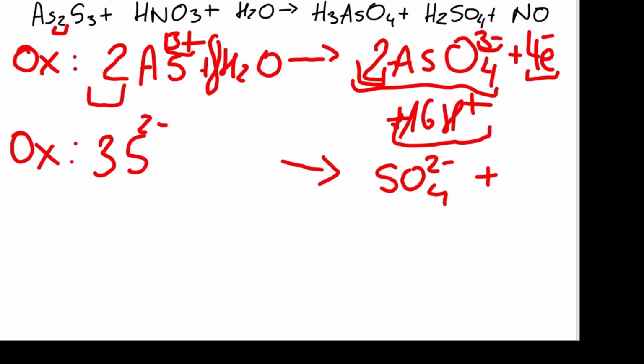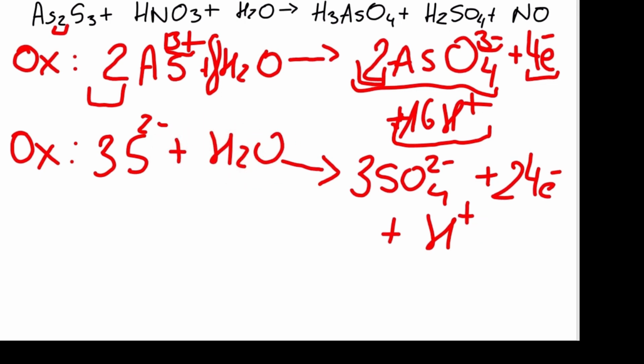As we said, it was 24 electrons, because we need to have 3 atoms of sulfur, 3 atoms of sulfur on the left as well as the right side of the reaction. What else? Of course, water particles and hydrogen ions: hydrogen ions on the right side with the electrons, and water particles on the left side.